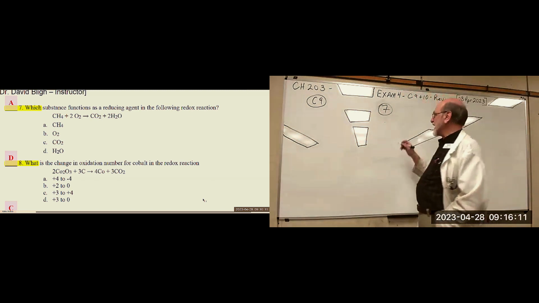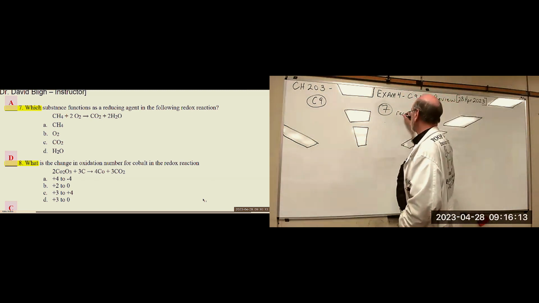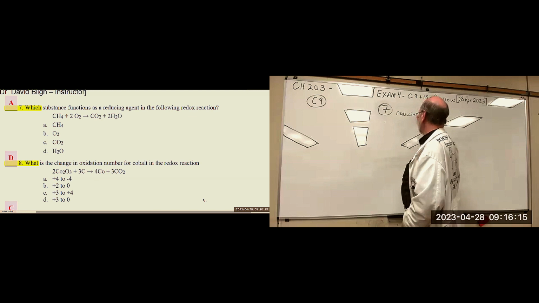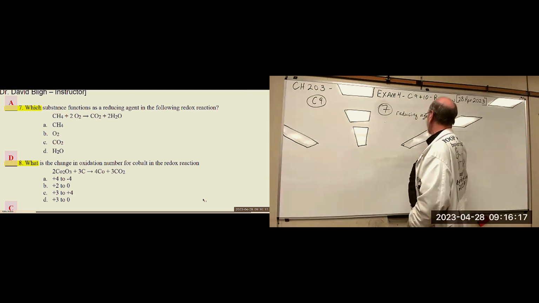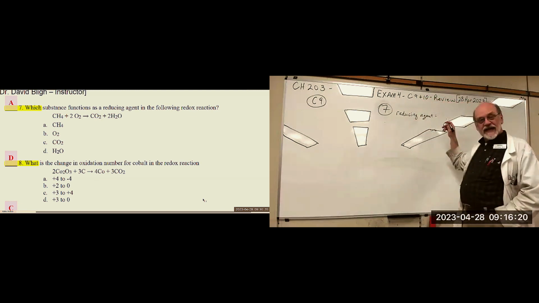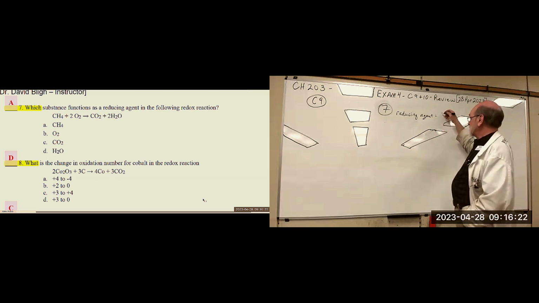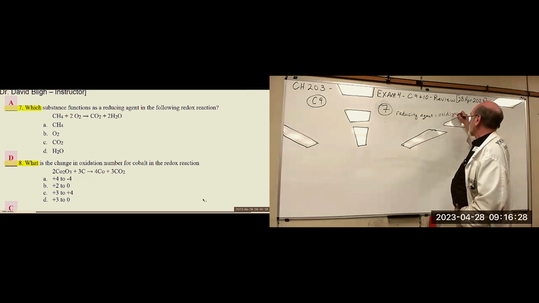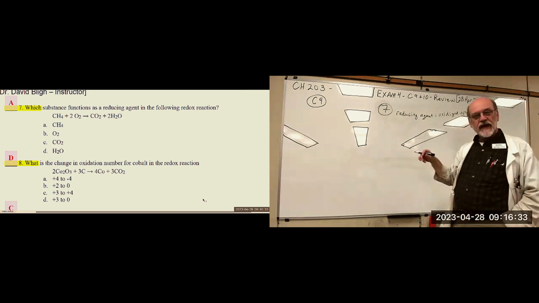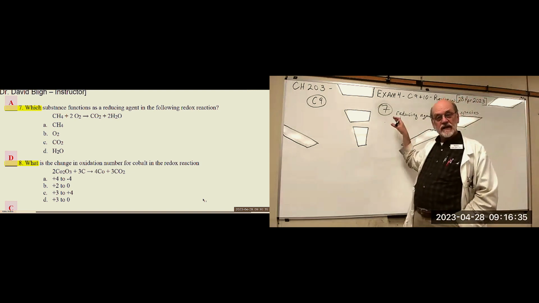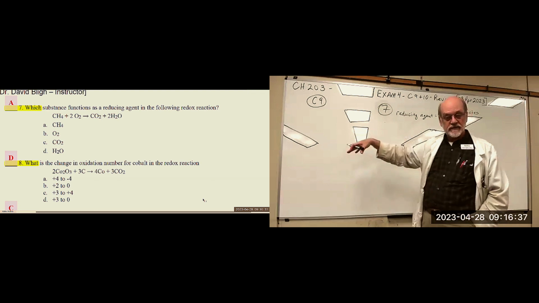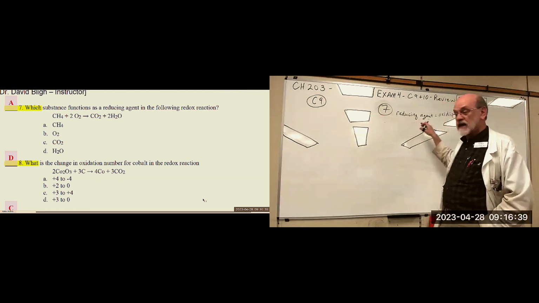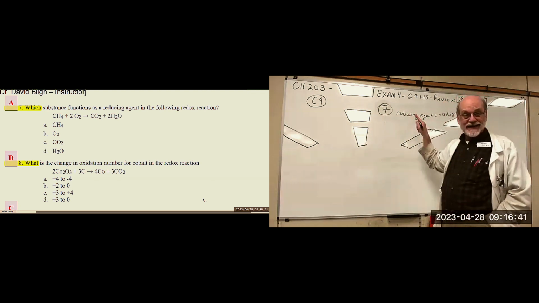What is a reducing agent? Whatever is oxidized serves as the reducing agent. It causes the reduction of something else. That's why we call it a reducing agent. So we need to look for the one that's oxidized.